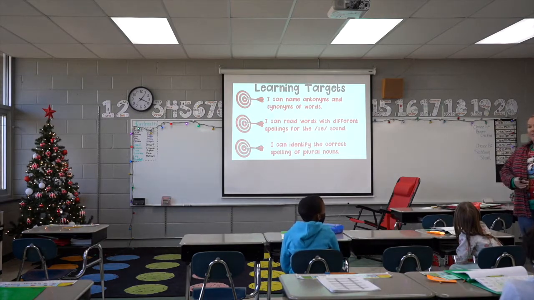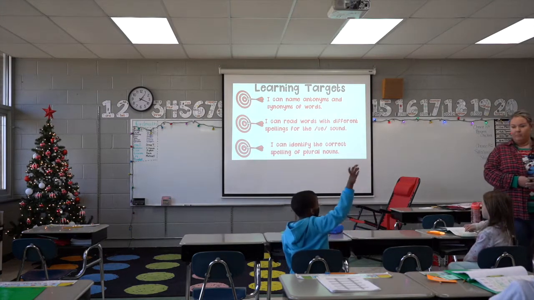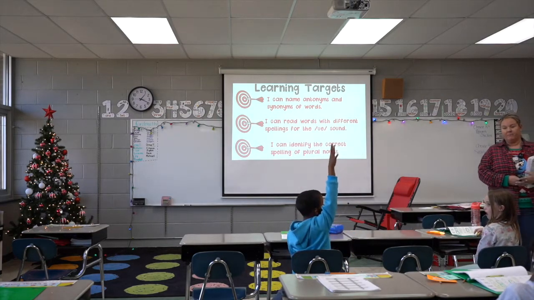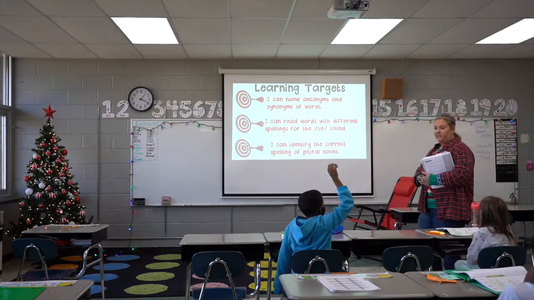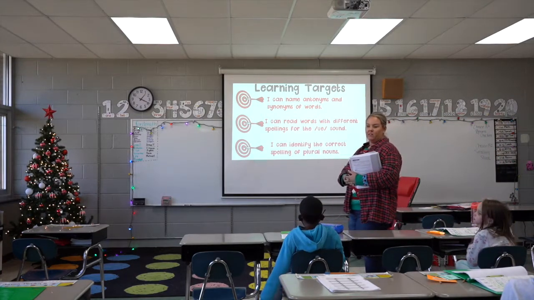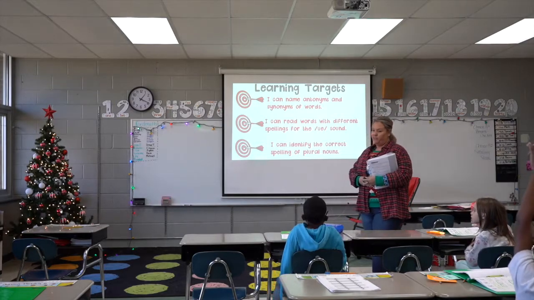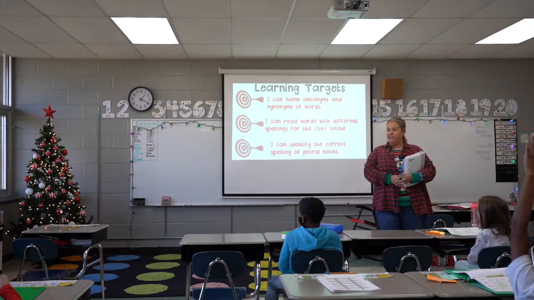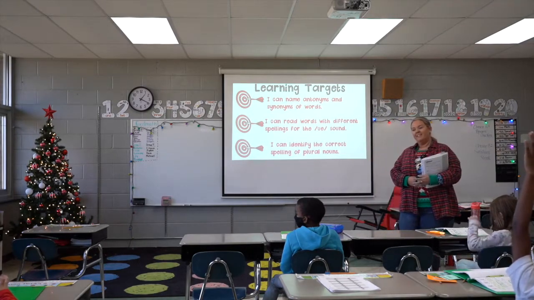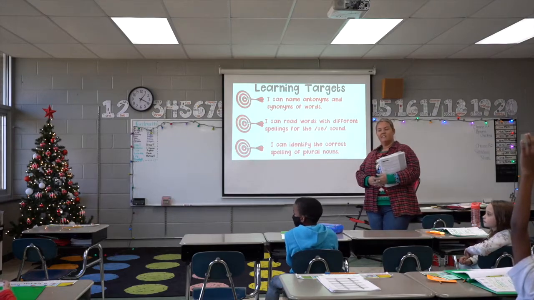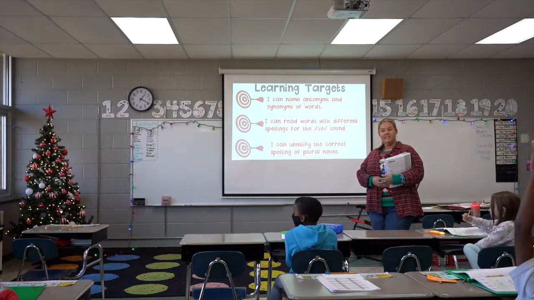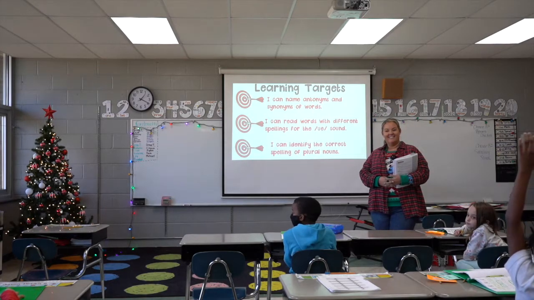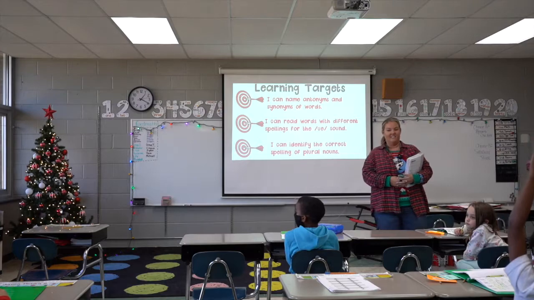But what if I had a word like bench or bush or fox? John? You have to add ES to the end. Why? Because it's more than one. Well, there's more than one because we told you that. But what's the rule? How do you know to add ES? Because if it just stays like fox, it's not going to make any sense.